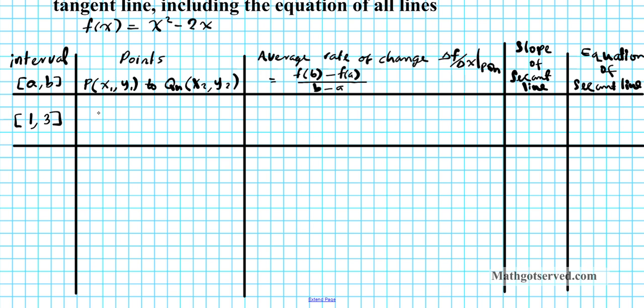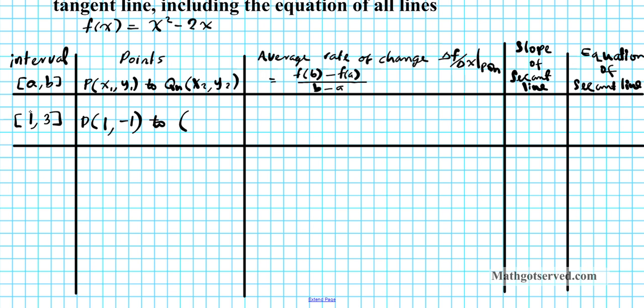The x coordinate of P is 1, because this right here is the x coordinate of P, and then this would be the x coordinate of Q. So 1 is the x coordinate, and then y is what you get when you plug 1 into this function. When we plug 1 into this function, you get 1 squared minus 2, which is negative 1. Or if you look at the original problem, we were told that point P was 1, negative 1.